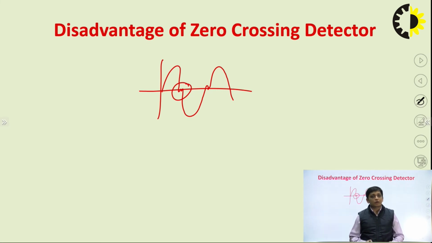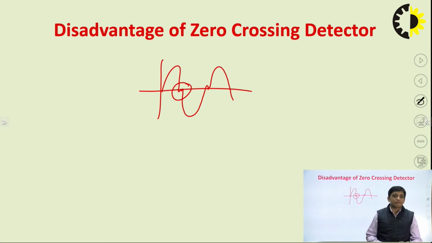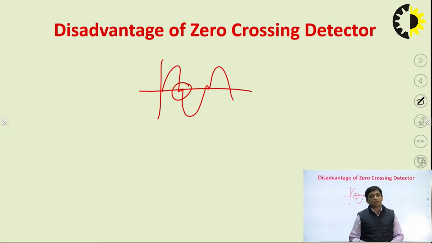In order to overcome this false transition, we use the Schmitt trigger. The Schmitt trigger is also called a regenerative comparator, because in the Schmitt trigger we use regenerative feedback, which is also called positive feedback.